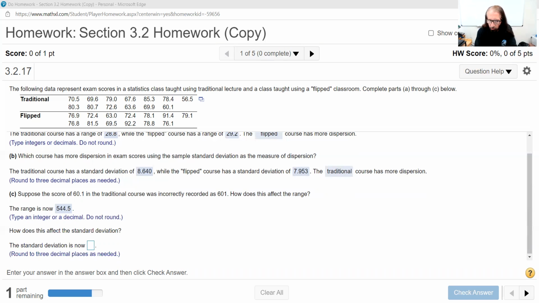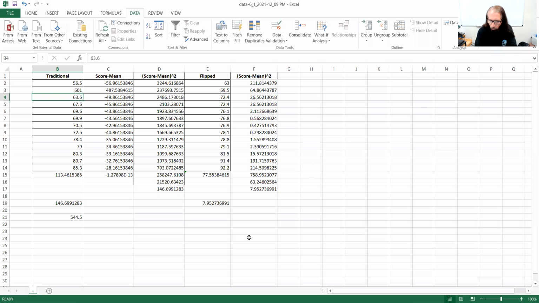You may not be able to see that. 146.699 because I replaced the 601 for the 60.1.